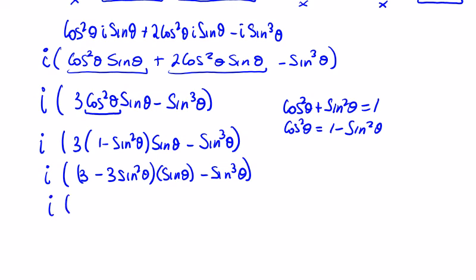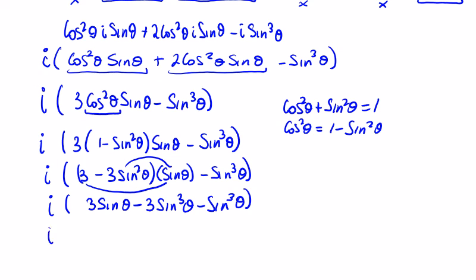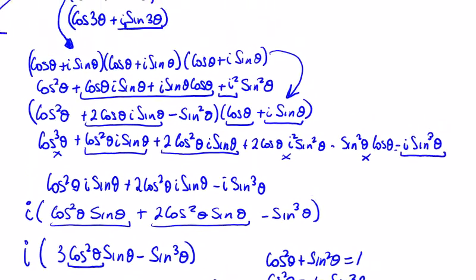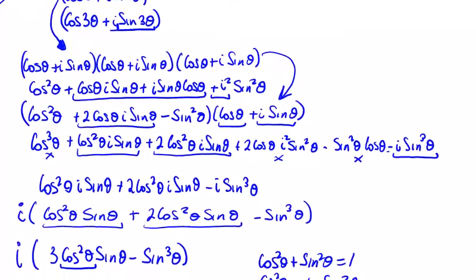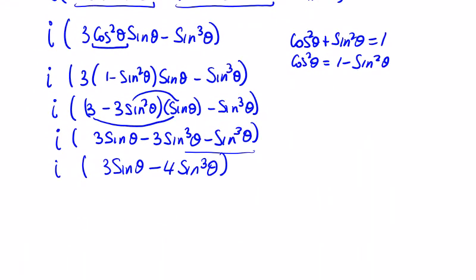So it's i times this 3 by this sine theta, 3 sine theta, minus this one by this one, 3 sine cubed theta, minus sine cubed theta, which is going to be i times 3 sine theta minus 4 sine cubed theta. Now hopefully that's what they were looking for: 3 sine theta minus 4 sine cubed theta, using De Moivre to prove a trig identity.